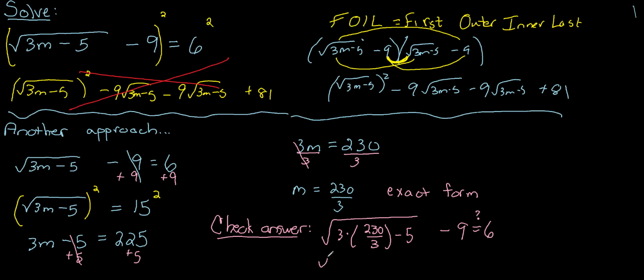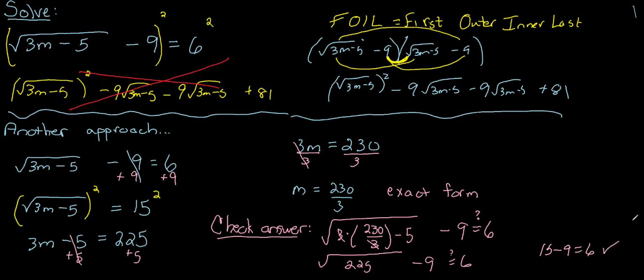So doing a little calculation here, I have the square root of 230 minus 5, so that's going to be the square root of 225 minus 9, and I want to know if that's equal to 6. On the left-hand side, the square root of 225 is 15, minus 9, and indeed that is equal to 6, so I'll give that a check.